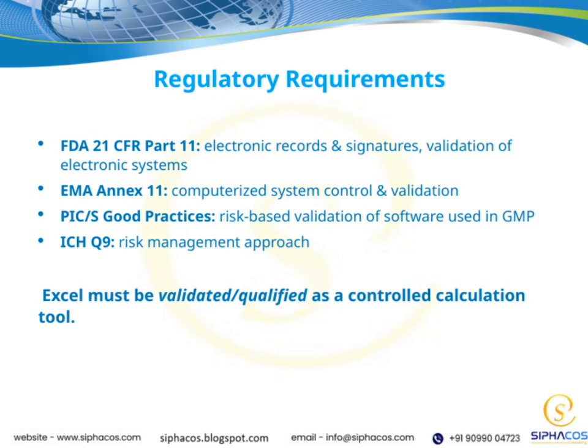Specifically for our context, Excel must also be validated or qualified as a controlled calculation tool. This is crucial because it's often used for critical calculations, and we need to ensure its outputs are accurate and compliant with these regulations. Overall, these standards and practices are about ensuring our electronic systems and tools are reliable, validated, and compliant, supporting quality and integrity across our operations.